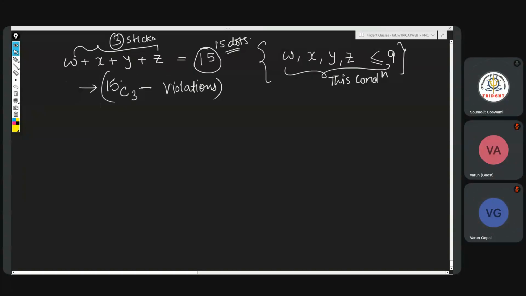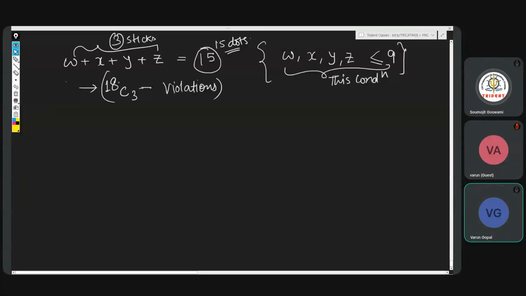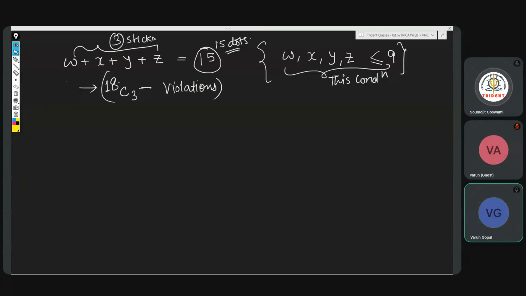Hold on, I'm extremely sorry. This is 18C3, not 15C3. Why is it that none of you guys pointed this out? It is 18C3. So it is 18C3 minus the violations. How do I calculate the violations? Think about it.